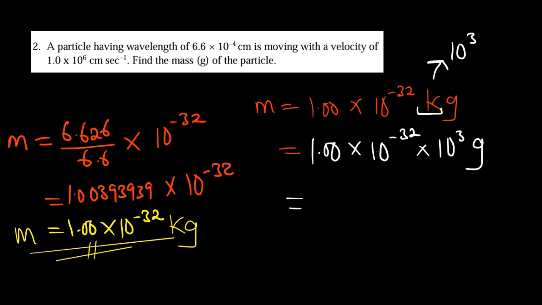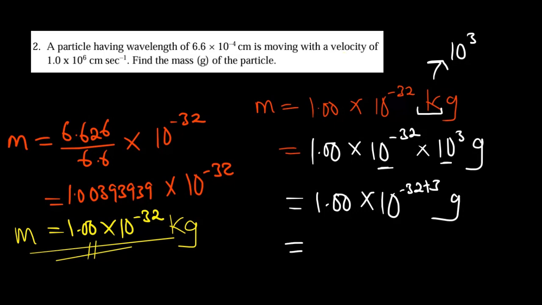So this would be 1.00 times 10 to the power minus 32 multiplied by 10 to the power 3 grams. In fact we can add those, because the bases are the same, this would be minus 32 plus 3 grams.